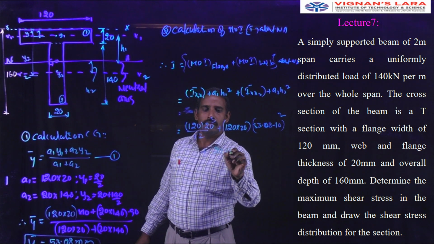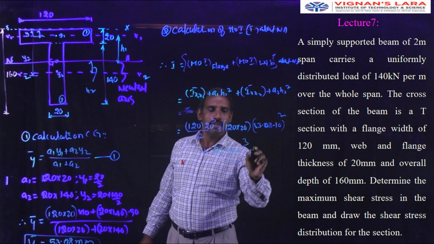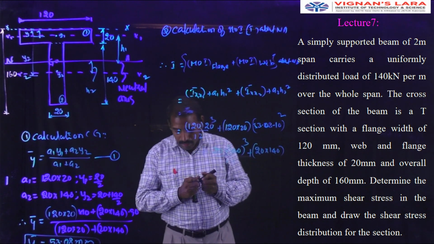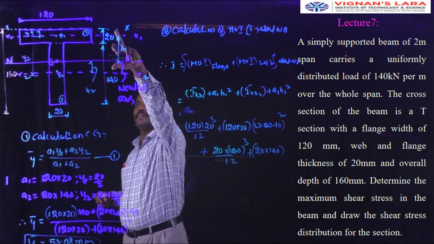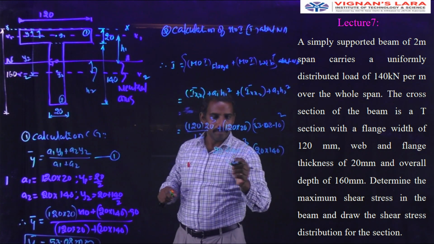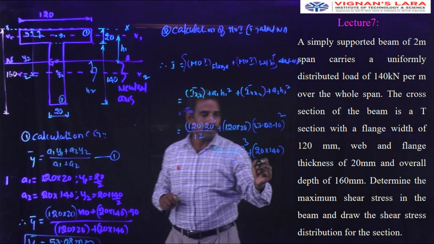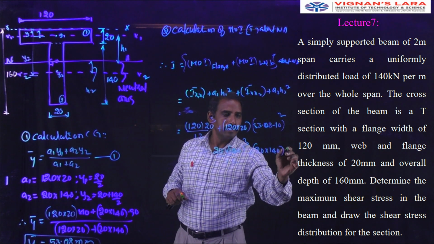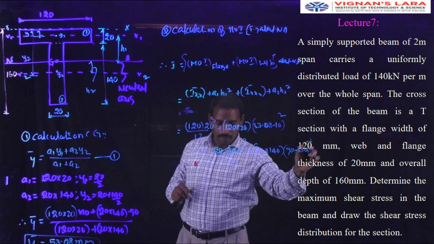20 into 140 whole cube by 12 plus 20 into 140. Again, what about the centroidal distance? We know that is 53. So simply that becomes y1, we know that y2, that is equal to h2, so 90 minus 53.08 whole square.